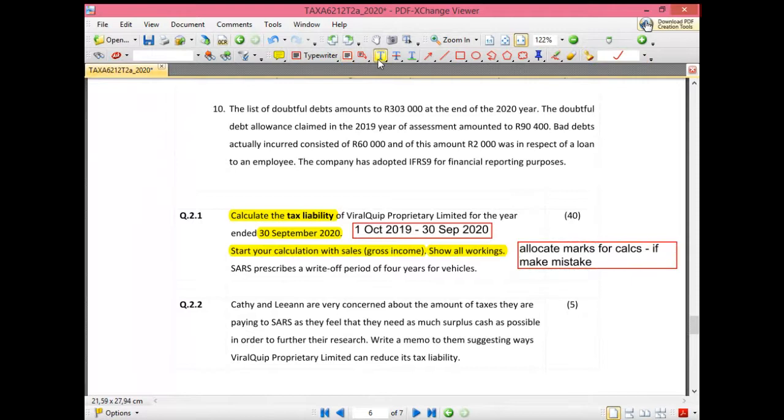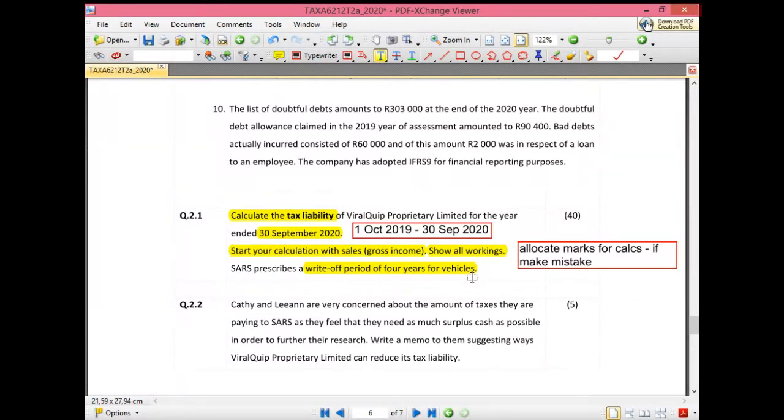Another important piece of information was that the write-off period for your vehicles was 4 years. That is for the wear and tear allowance that you need to do. In this question they've included wear and tear, and in the prior year's question, which I'm busy working out for you as well, they've also included capital allowances.